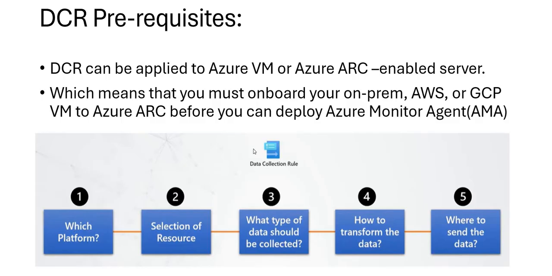Now, when we want to create a DCR, we need to understand which platform it is, whether it's Linux or Windows. We need to select the actual resource name. If it's a Windows machine, then which Windows machine it is, which resource group it is situated in. That's the selection of resource. Then what type of data should be collected?